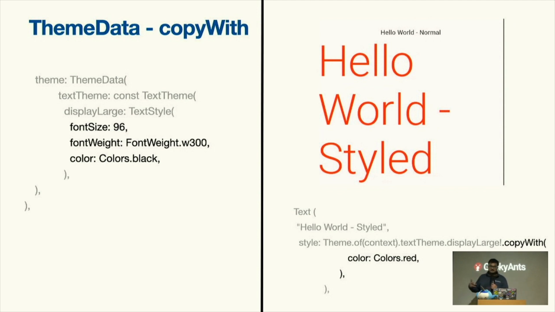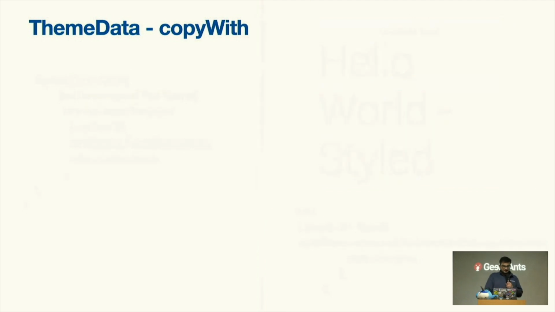So that is why material is helpful. It gives some default styles to fall back on, and that is why if you want a few changes here and there, you can do them at the widget level. Although I would recommend modifying the theme as such, because it does everything for you, so you don't have to do that at the widget level again and again.